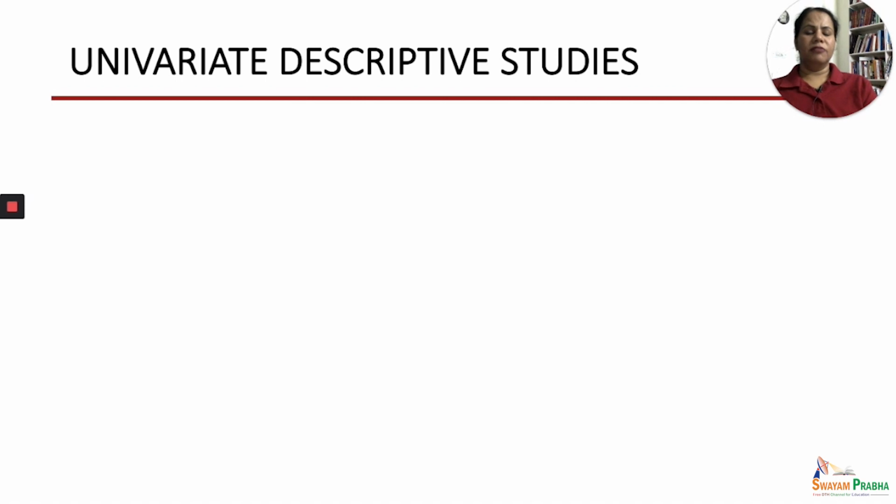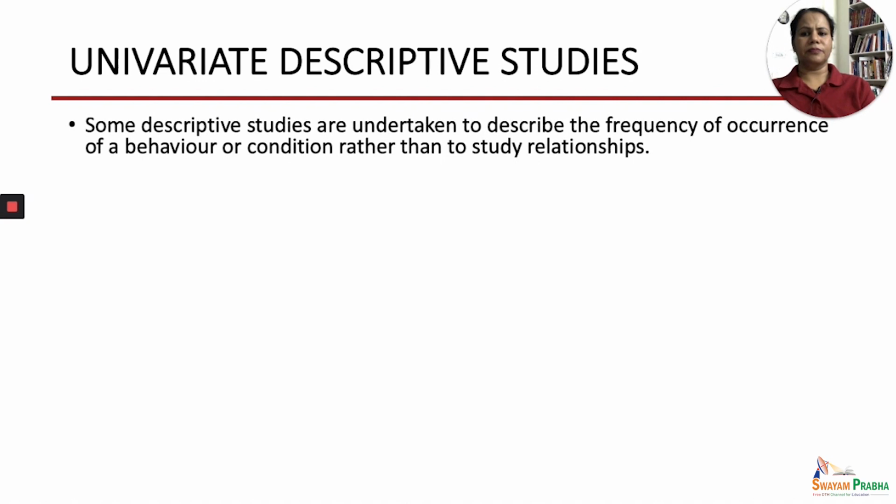Under the descriptive designs, another design is univariate descriptive studies. Some descriptive studies are undertaken to describe the frequency of occurrence of a behavior or condition rather than to study relationships. So these types of descriptive studies are undertaken to describe how many times a particular behavior is occurring or how important this behavior is, rather than to study the relationship.